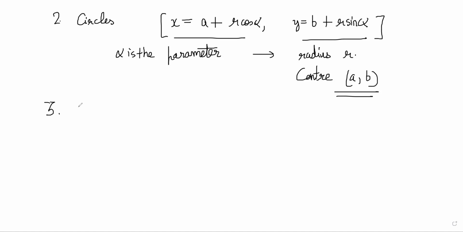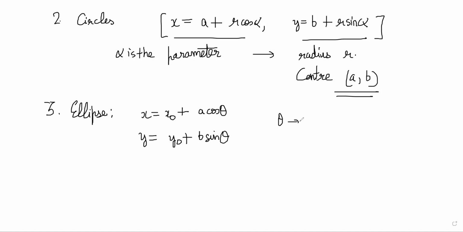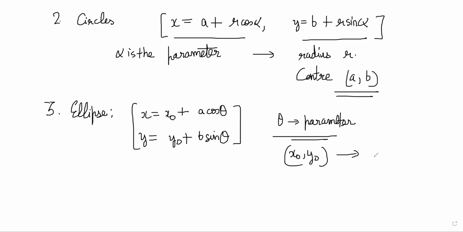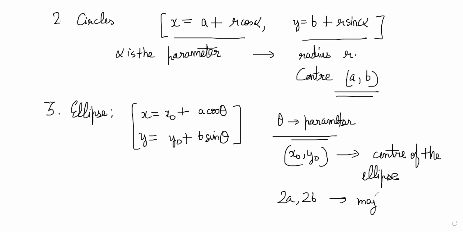Similarly, for ellipses, what is the parameterization? It is x is equal to x naught plus a cos theta and y is equal to y naught plus b sine theta. Here, theta is the parameter, and any point on the ellipse is going to be represented like this. X naught, y naught is the center of the ellipse. 2a and 2b are the lengths of the major and minor axis.